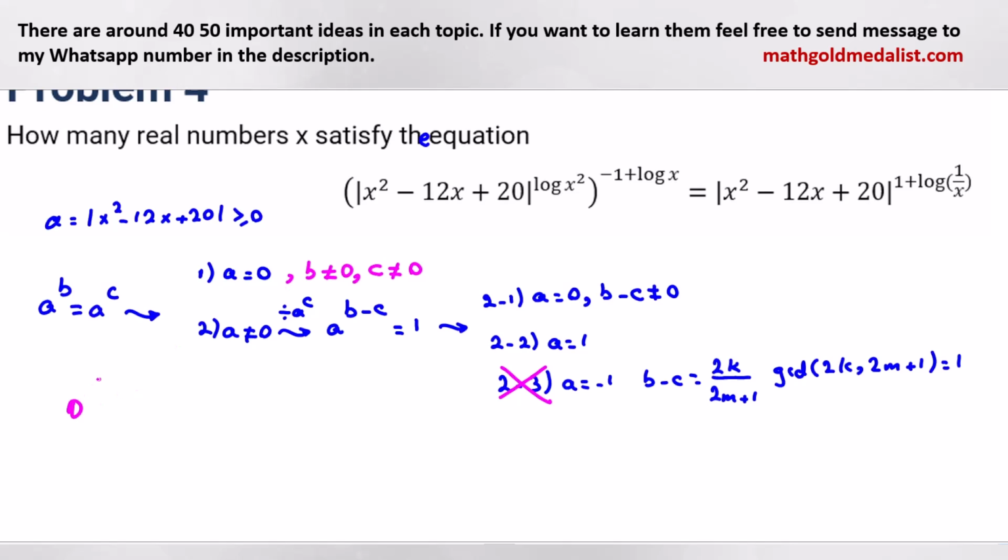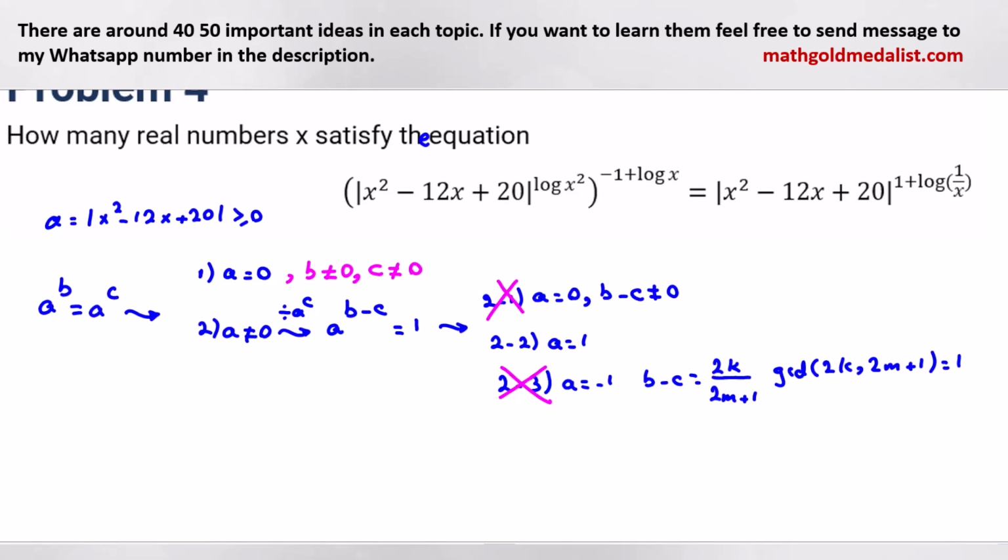For example, it is 0 to the 5, 0 to the 5, it is okay. Here, we said a is not 0, so again we shouldn't consider this case. If a is 0, b shouldn't be 0, c shouldn't be 0 here, because 0 to the 0 is undefined. So we should check case 1 and case 2, 2.